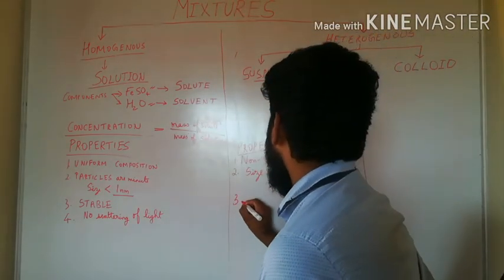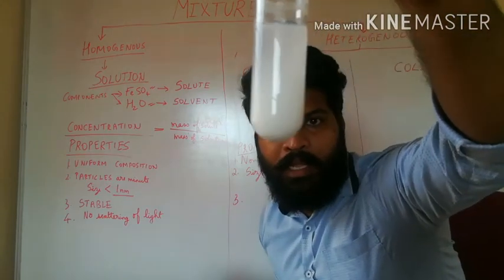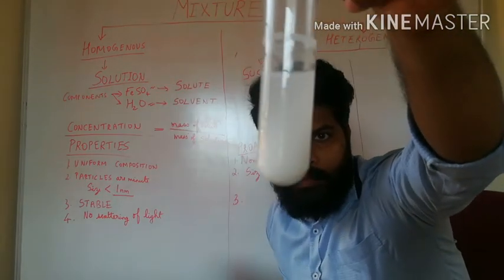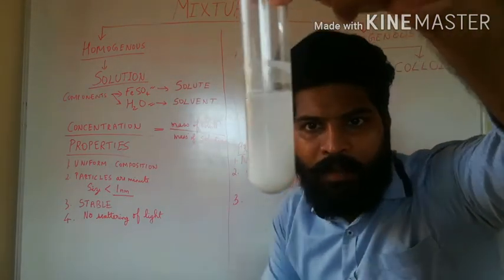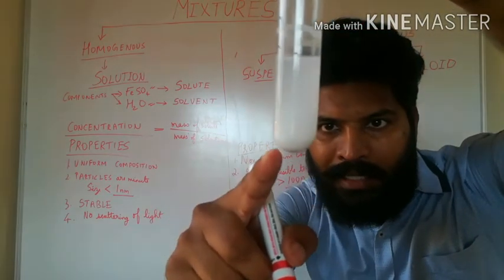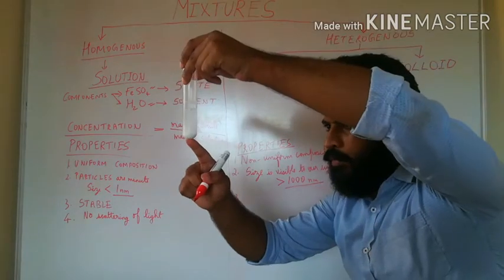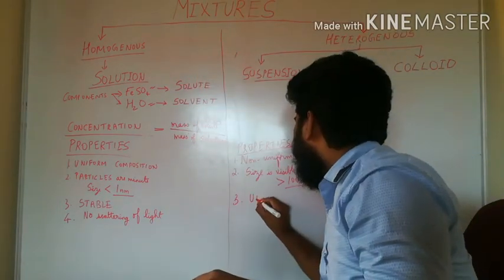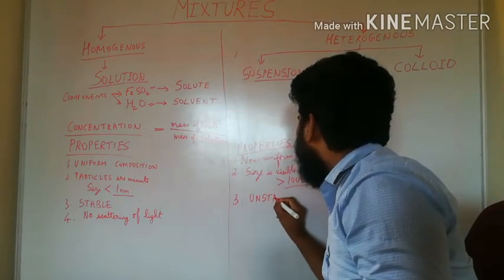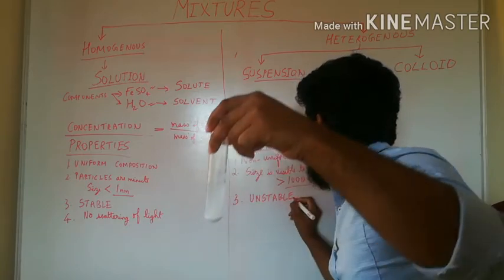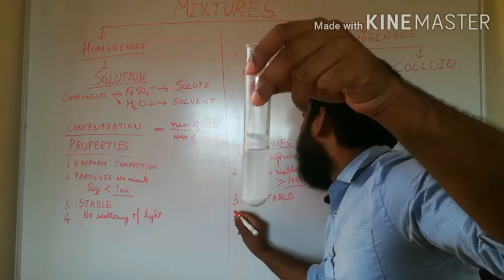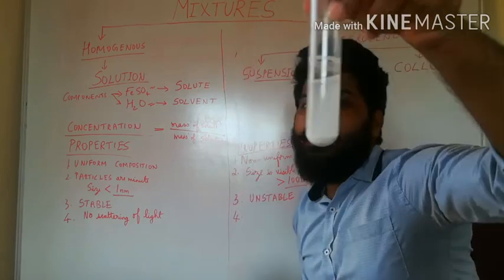Now because the particles are bigger, you can see after some time particles start settling down at the bottom of the test tube. So particles are unstable, they are not completely dissolved in the solvent.